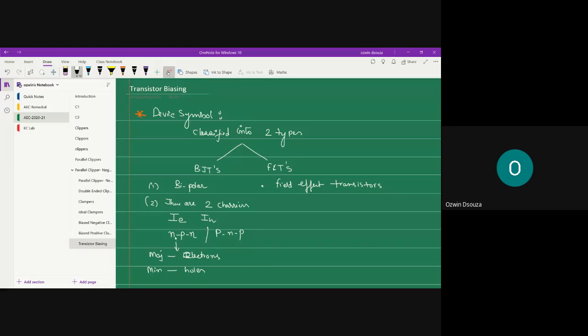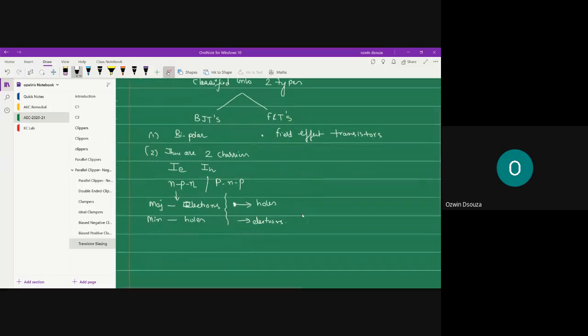That's because there are two layers of N, negative, right? On the other hand, in case of PNP transistors, majority charge carriers are holes and minority charge carriers are electrons.